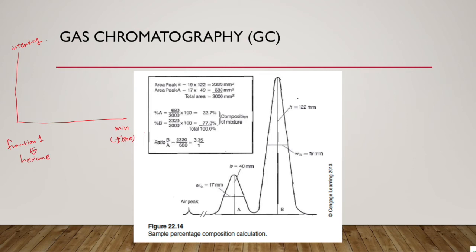Fraction 1 is supposed to be only hexane because it has a lower boiling point, and we separated hexane from the mixture by distillation. So we're expecting to see just one signal for the hexane. However, if you have more than one component, let's say the distillation didn't work very well, then you will see multiple signals in your sample.